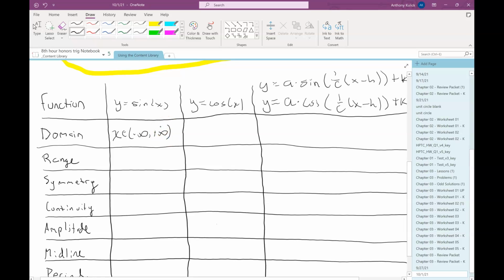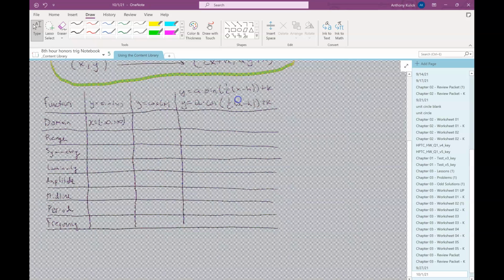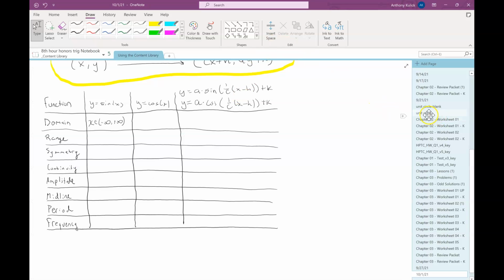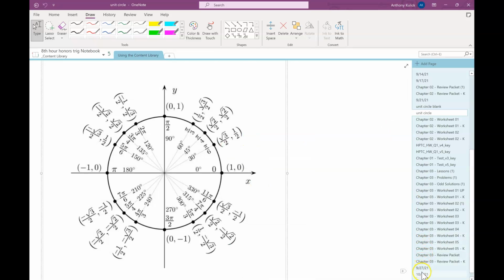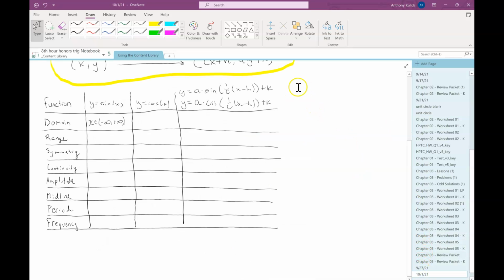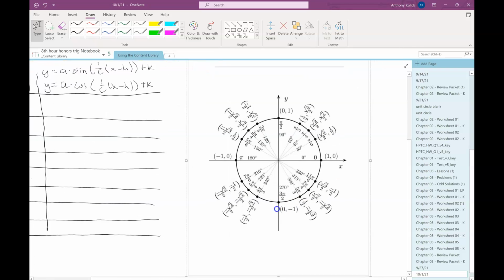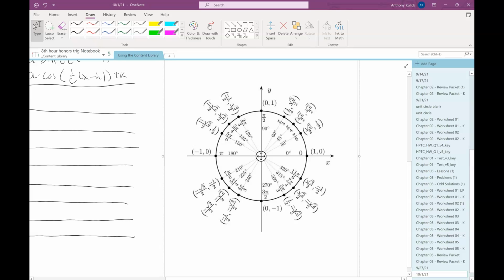Okay. Let's talk about the range here. So the range, we remember, is the set of possible outputs. So on the unit circle, the outputs for sine are the y-coordinates. The smallest y-coordinate on the unit circle is -1.